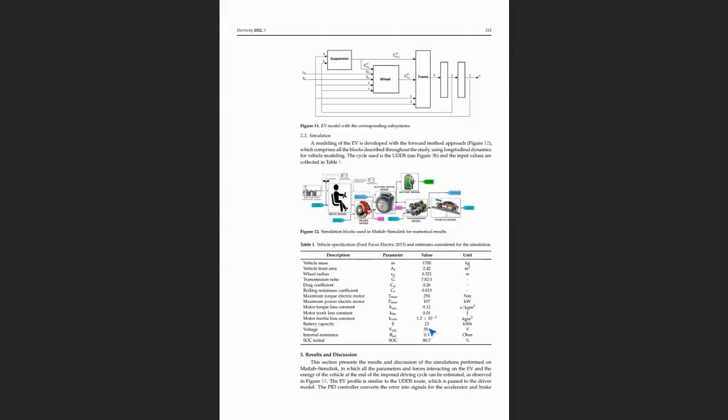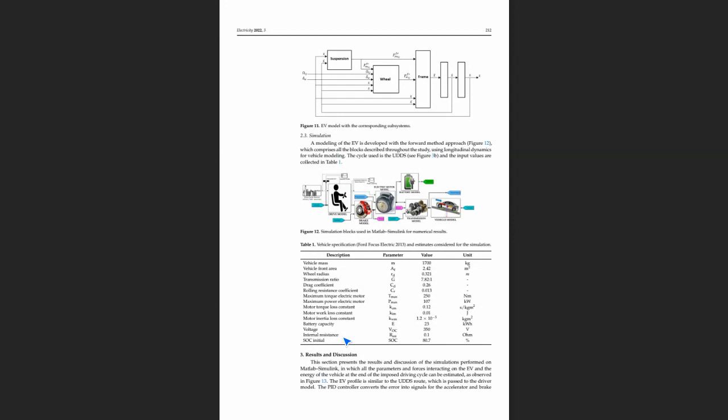You can select like this one, using a reference, 23 kilowatt hour. Their voltage is important for you, 350 volt. Internal resistance, maybe it's important if you design your own battery. Also initial state of charge. Good.